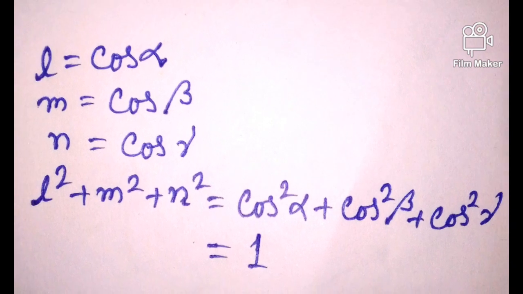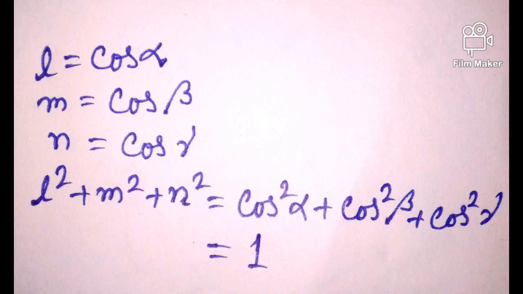If the direction cosines of PQ be L, M, N, then those of QP will be minus L, minus M, minus N. Therefore, L squared plus M squared plus N squared equals cos squared alpha plus cos squared beta plus cos squared gamma, which equals 1.